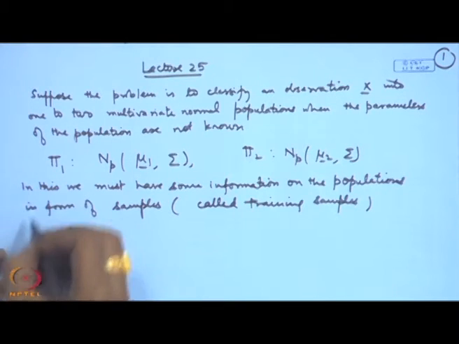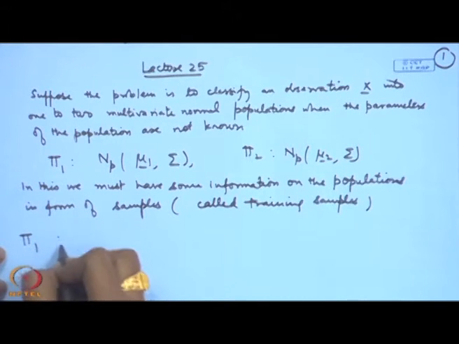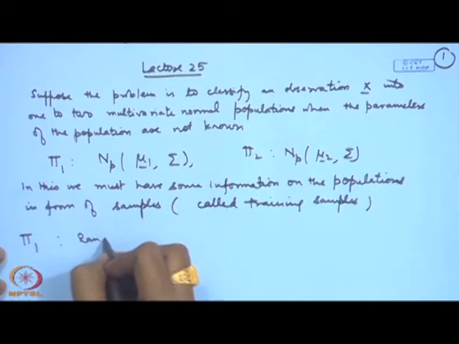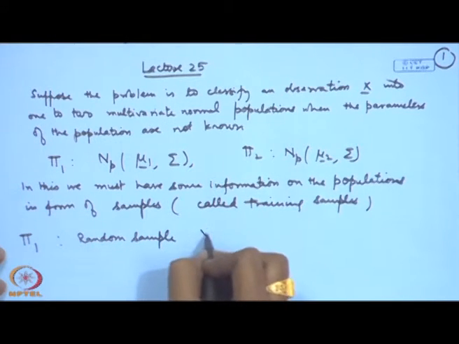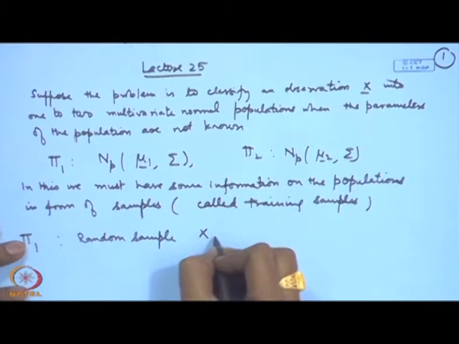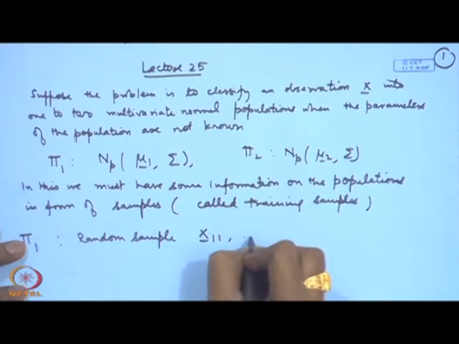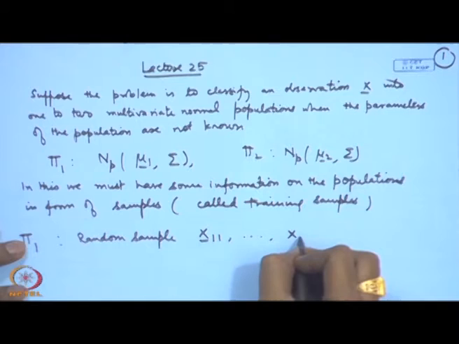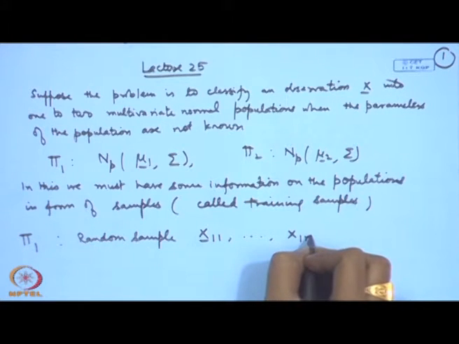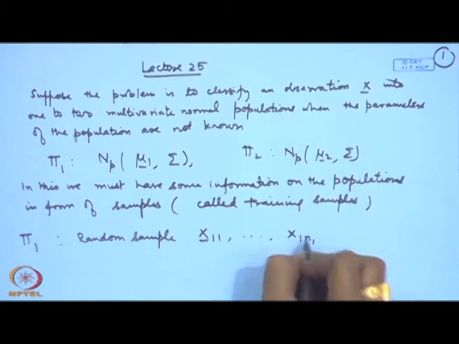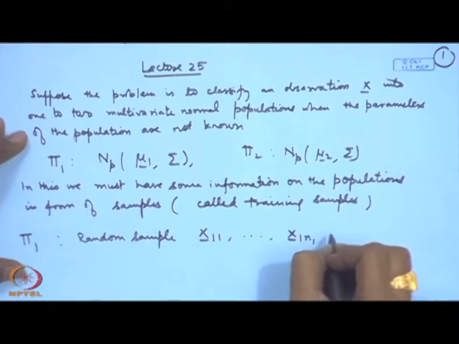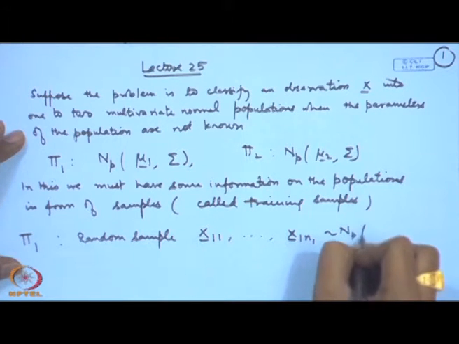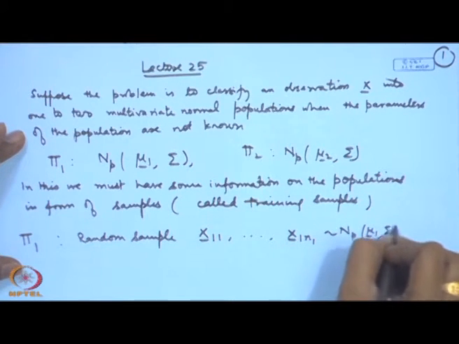For example, from pi 1 we consider a random sample x 1 1 and so on, x 1 n 1. We may consider equal sample sizes or unequal sample sizes; these cases can also occur. So, this is from N_p(mu 1, sigma).